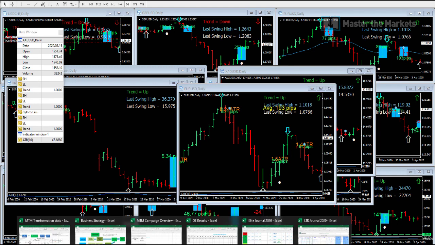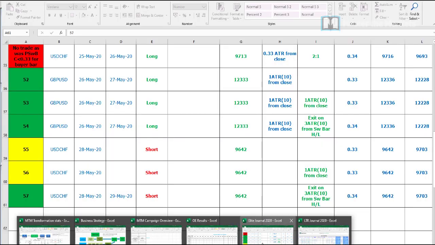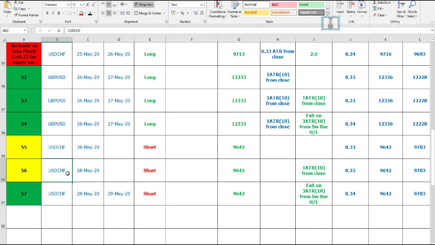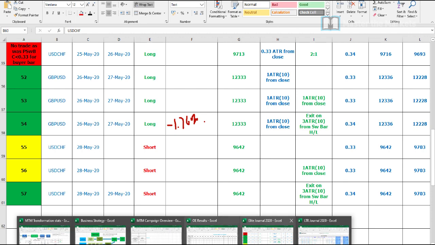In terms of our performance for this week, in terms of the elite room, what do we have? Smart money open equity runners, we have minus 1.76 percent, a little bit of a loss over here. And in terms of our LTR room, a little bit further drawdown this week.